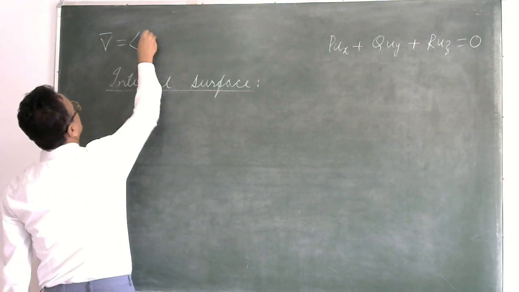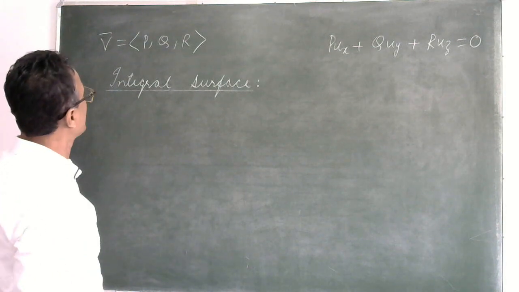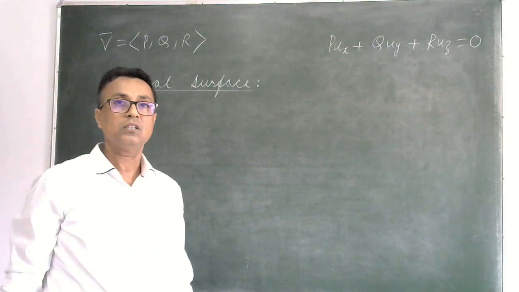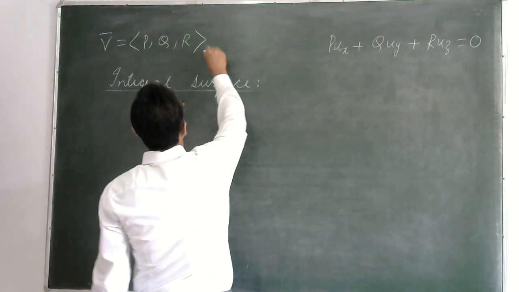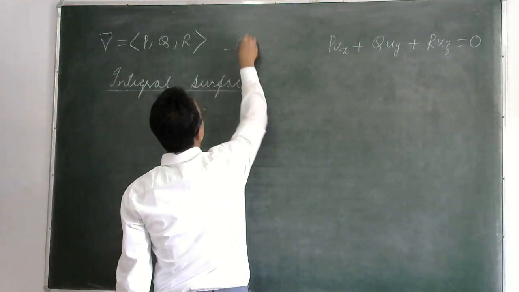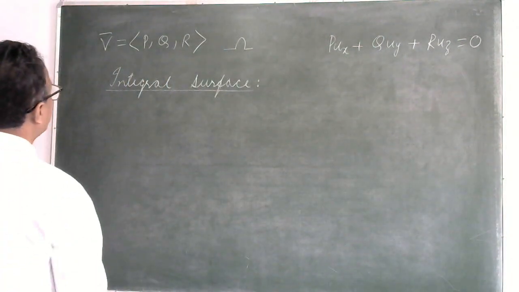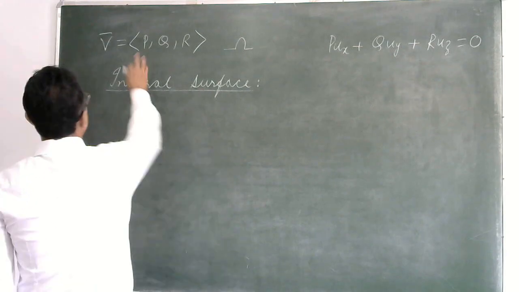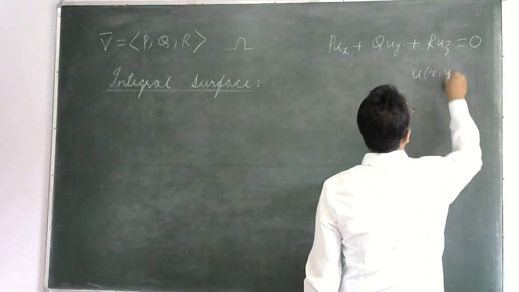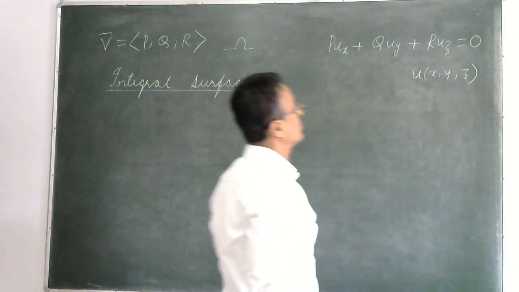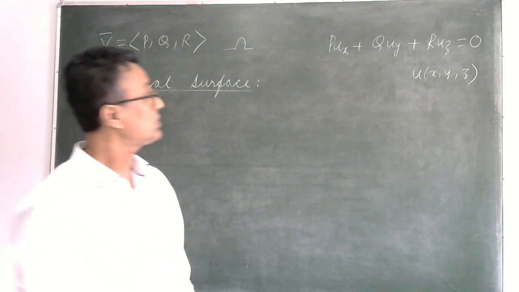It is non-vanishing, so that means at least one of the components P, Q or R is non-zero, right? In R3, defined in a region omega in R3. And associated with this vector field, we had a function u of x, y, z, a function of 3 variables, again defined in that region omega.